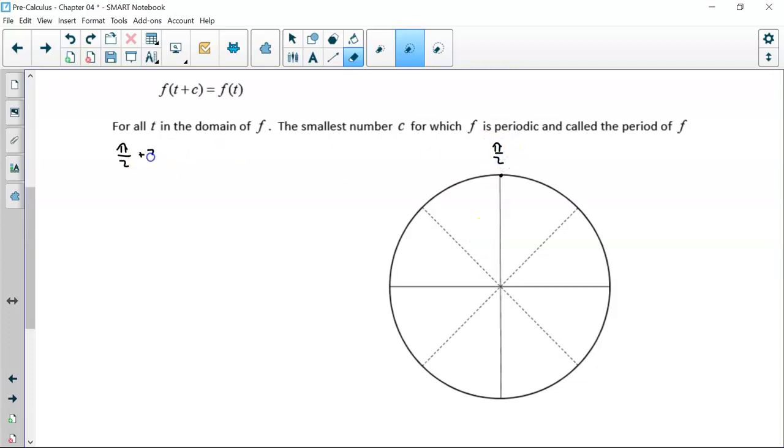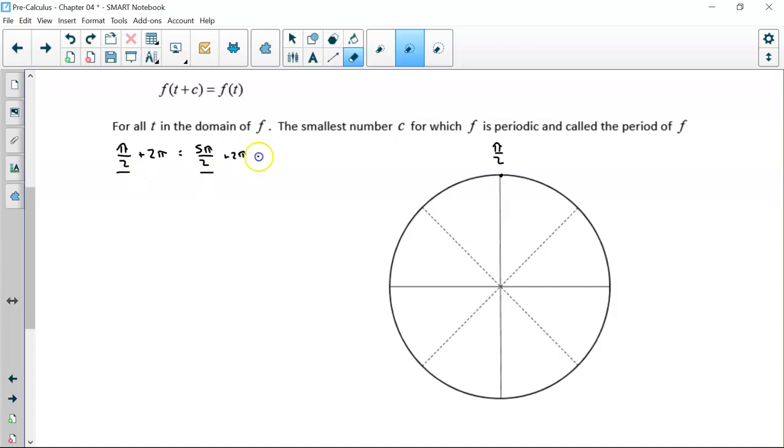Now, if we add 2 pi to that, so we're starting here, and we go around another full circle, we're going to end up back at the same place. So pi over 2 plus 2 pi, or 5 pi over 2, that's going to be the same location as pi over 2.